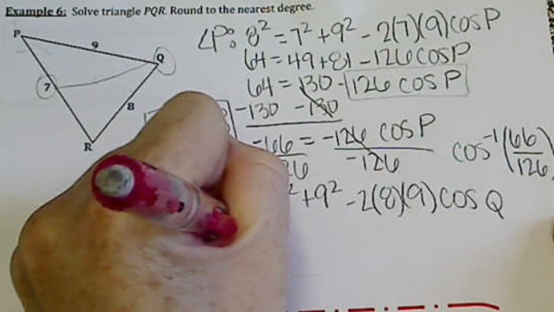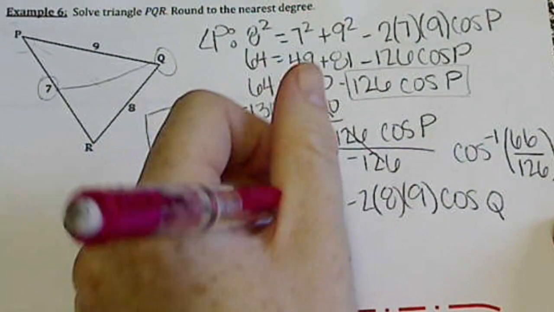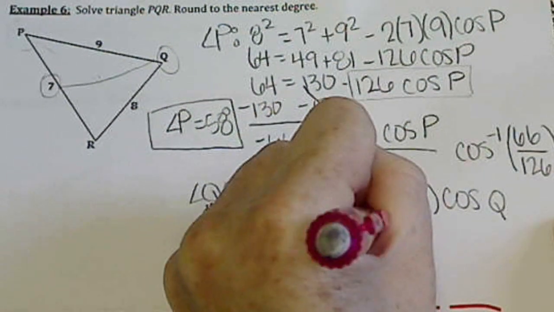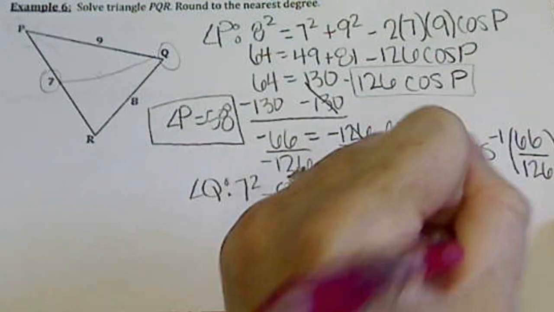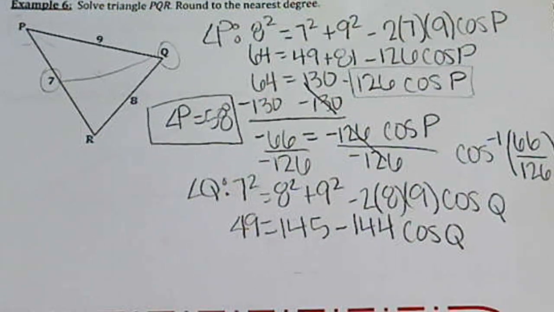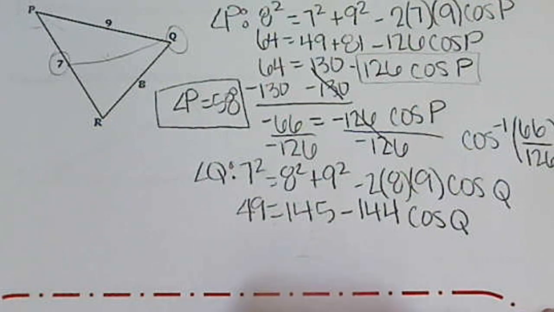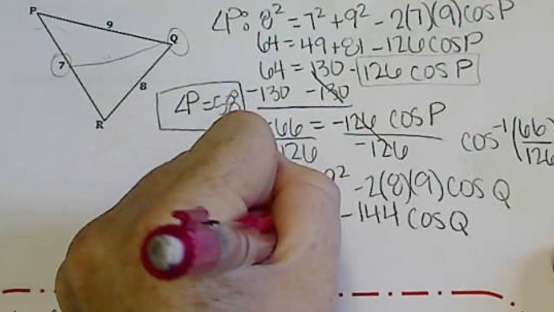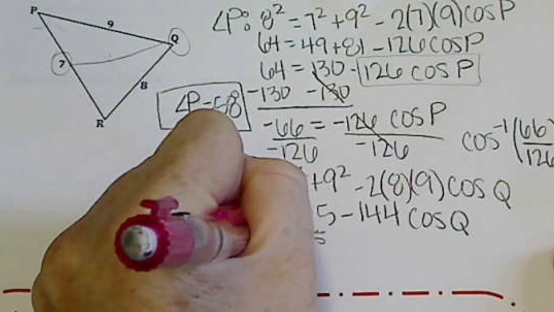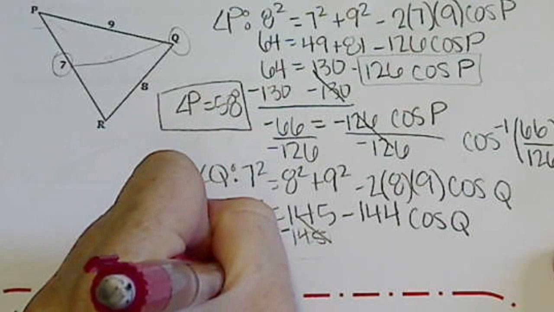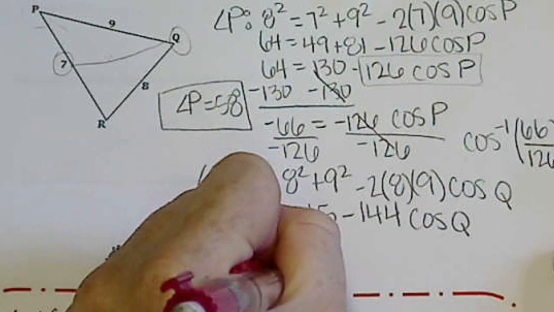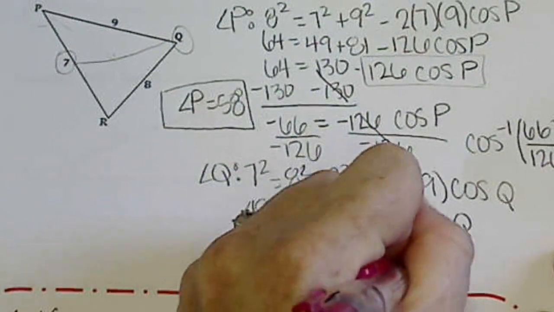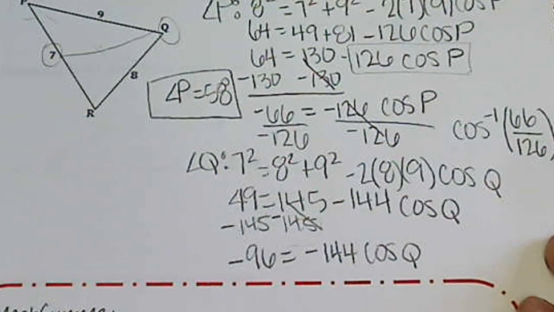You should get 49 equals 145 minus 144 cosine Q. Let's minus the 145 from both sides. You will get negative 96 equals negative 144 cosine of Q. What could you do now?